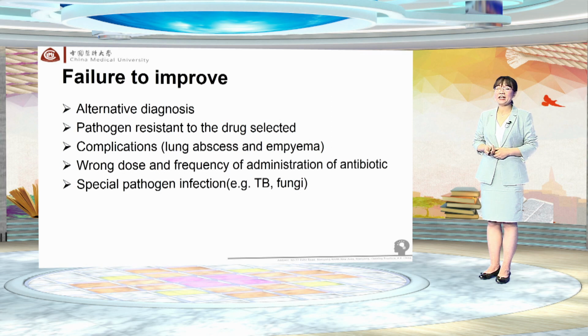The patient may be getting the wrong drug or the correct drug at the wrong dose or frequency of administration. Another possibility is that CAP is the correct diagnosis, but an unsuspected pathogen is the cause.